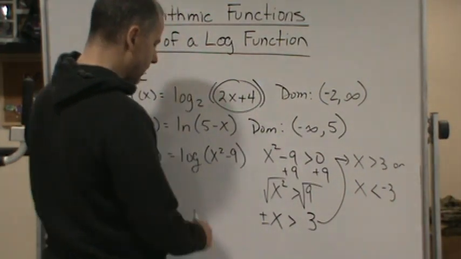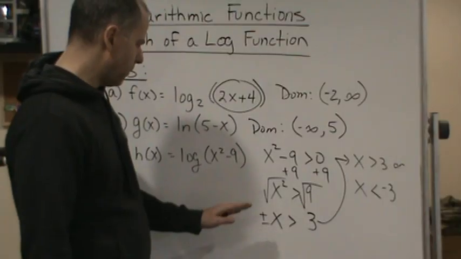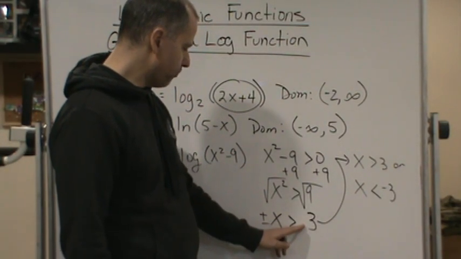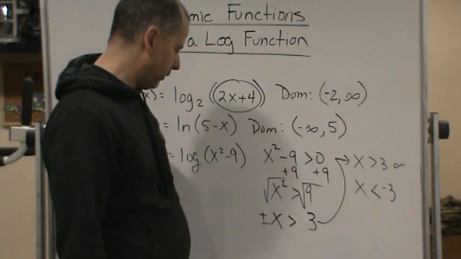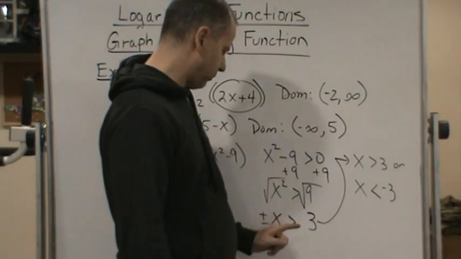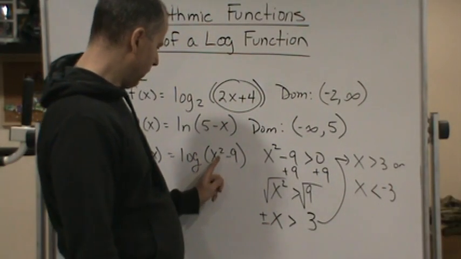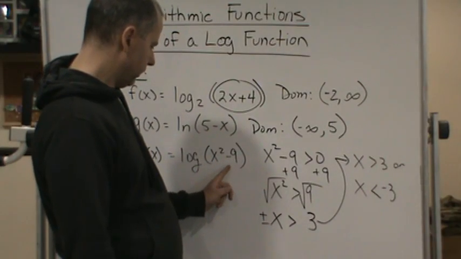Okay? And it's easy to check too, because if I was to interpret that as x being greater than plus or minus 3, then I'd say if I'm greater than negative 3, I'd also be greater than positive 3. But remember, just check a point. If I put negative 2 in here, negative 2 doesn't work.